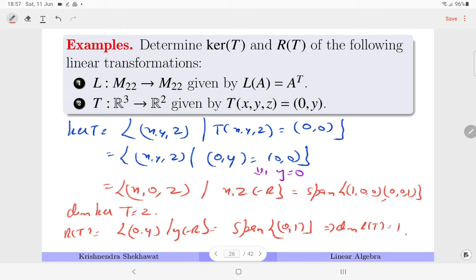You can also observe in all the examples that dimension of kernel T plus dimension of range T is equal to the dimension of V if T is a linear transformation from V to W.